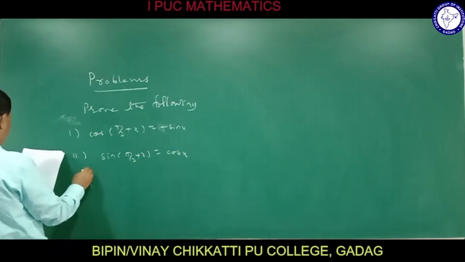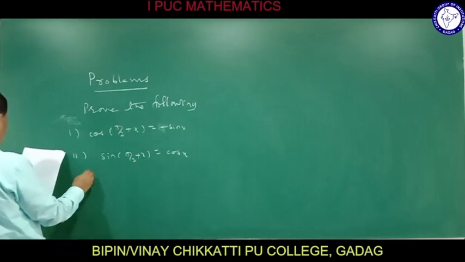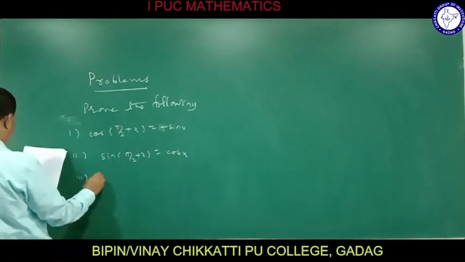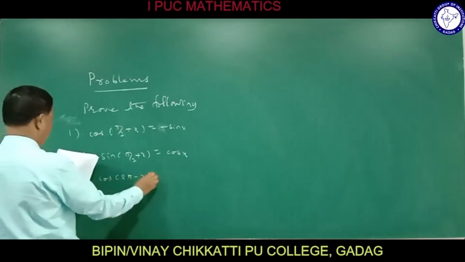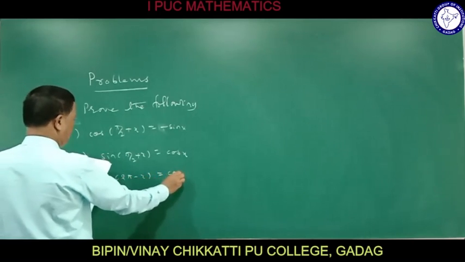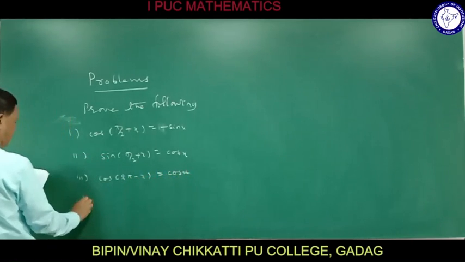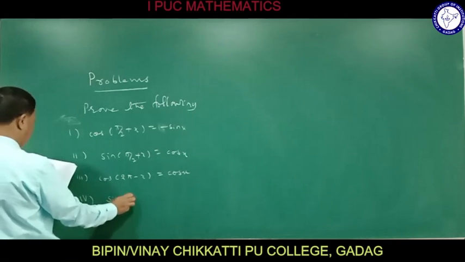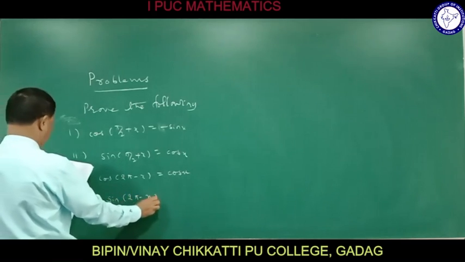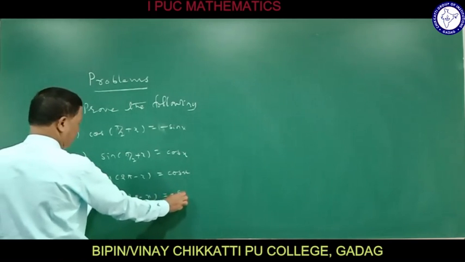And here I am taking only a few. Cos of 2 pi minus x is equal to cos x, and the fourth one is sin of 2 pi minus x is equal to minus sin x.